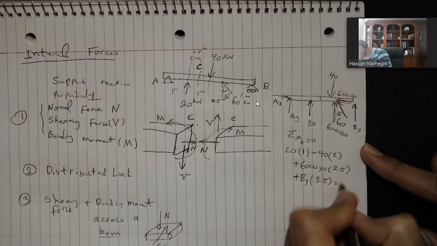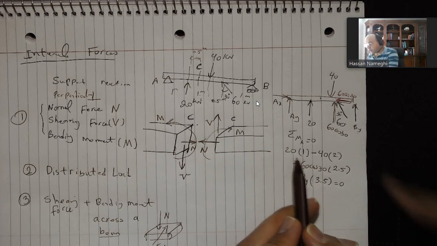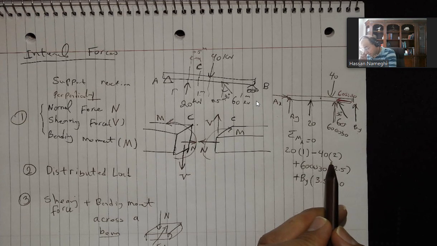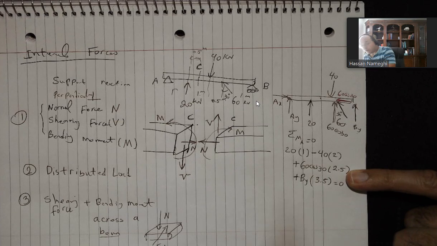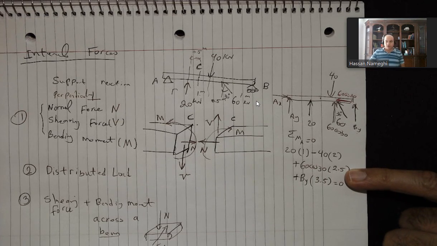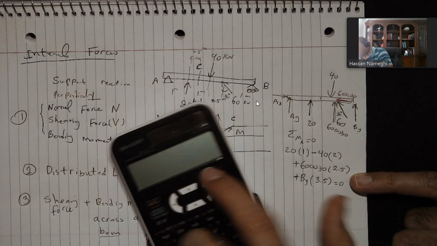Okay, so 20 minus 80 will be minus 60. So minus 60, plus 60 cosine 30 times 2.5. I'm going to use my calculator for this purpose.